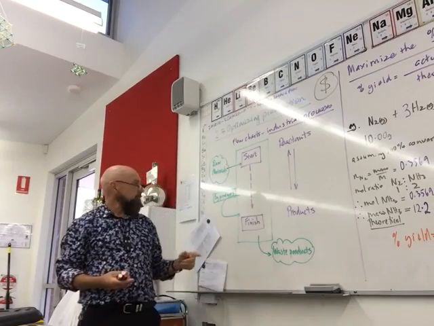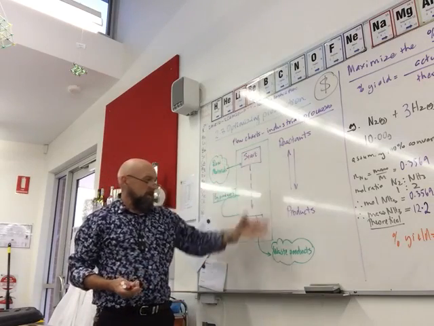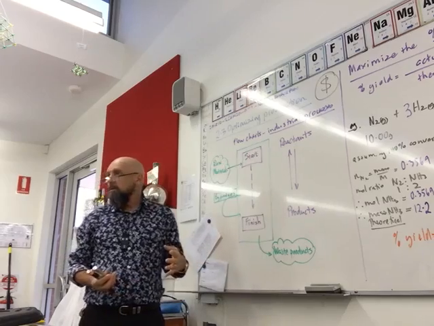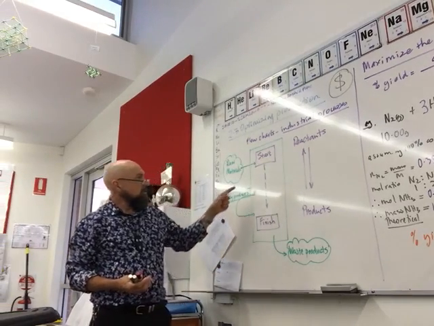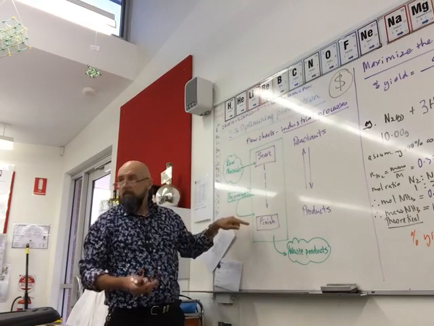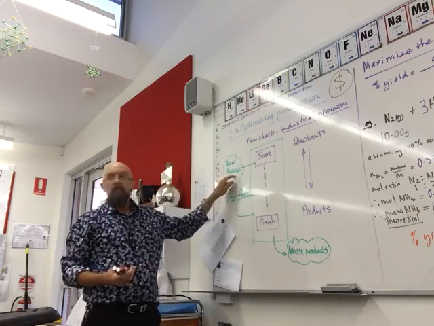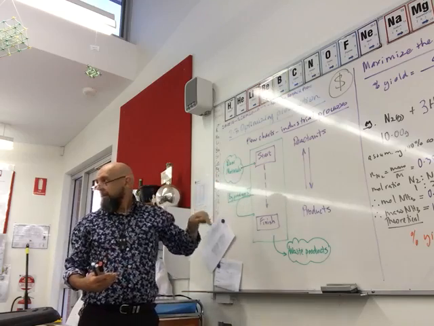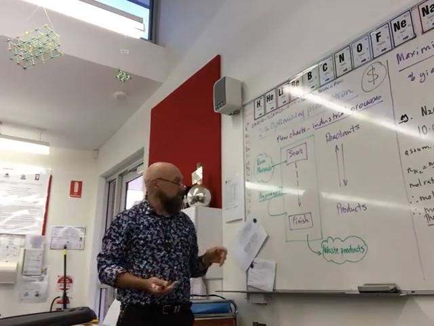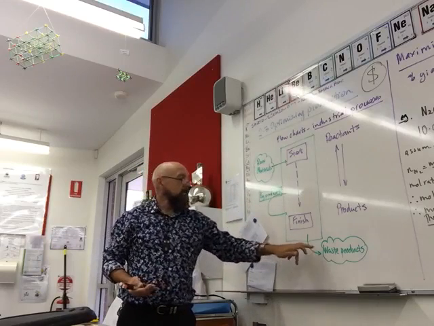Now, we're going to try and make something really complex simple, break it down to the basics. You'll have this flowchart in this section here, and there's an example in your books. First of all, they talk about three basic things that are involved in all flowcharts for industrial processes: raw materials, byproducts, and waste products.